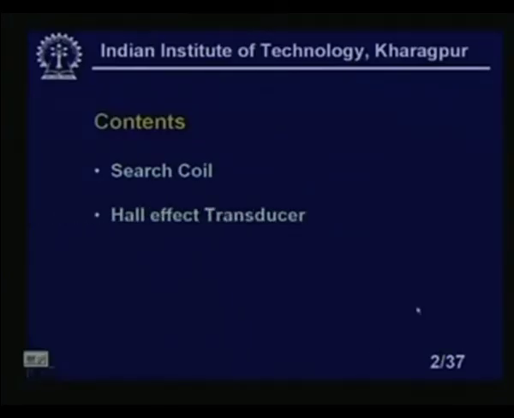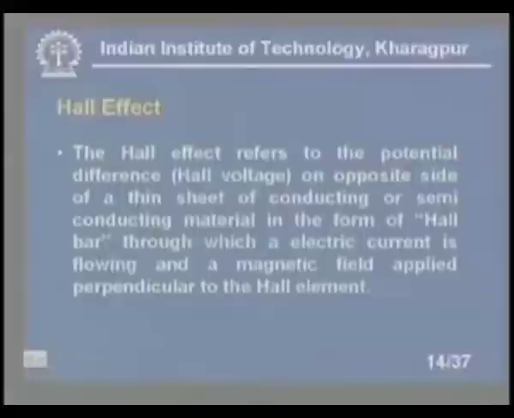The second transducer we will consider in detail is the Hall effect transducer. I apply a magnetic field which is coming through this face and going out this way, and I apply an electric current which enters through this and goes out of this.